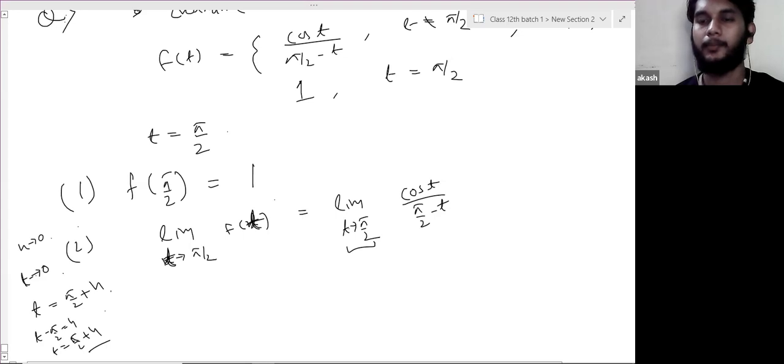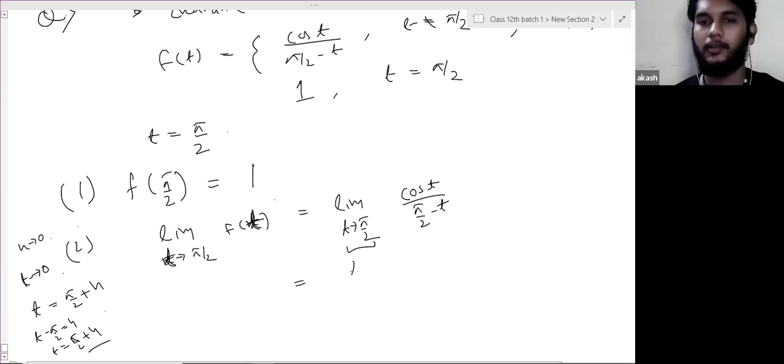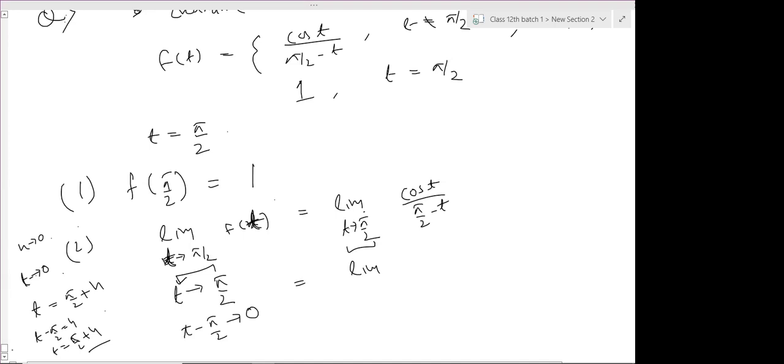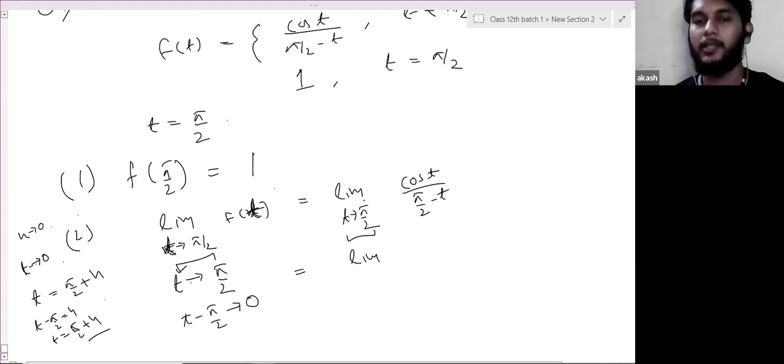I don't think so. No, sir. All right. See, suppose I write this and take it to this side, then t minus pi by 2 tends to 0, right? Yes, sir. And in the LHL and RHL, we saw that when we replace the value of x, the limit becomes h tending to 0, right?